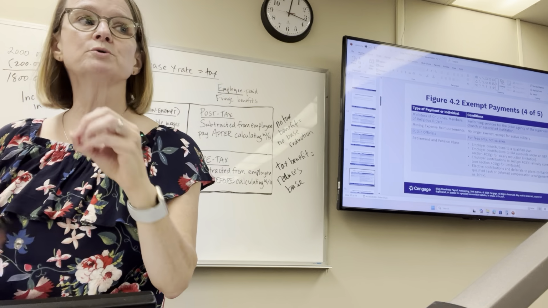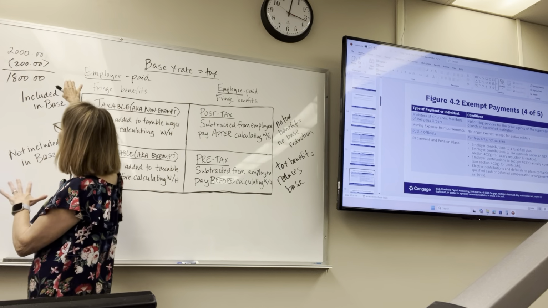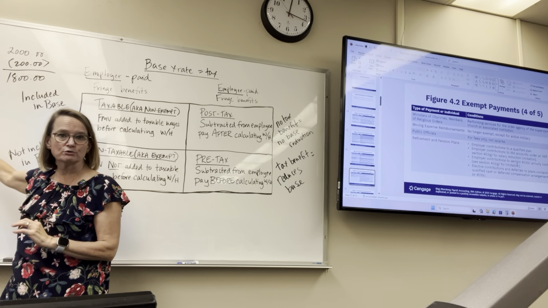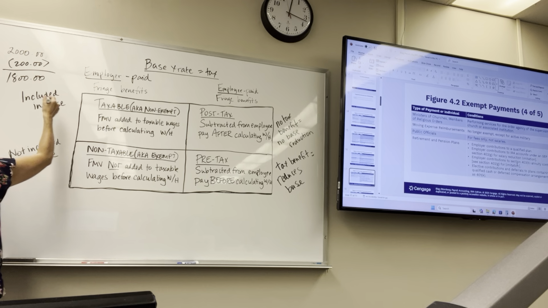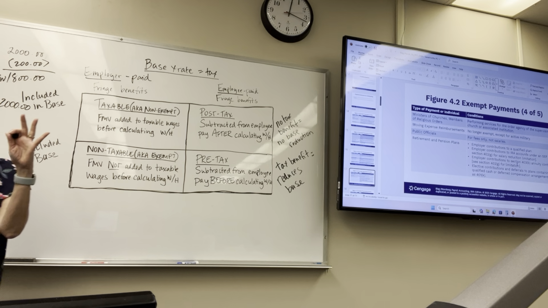So you have to do a separate calculation to determine how much your base is for federal income taxes versus how much it is for Social Security and Medicare tax purposes. In this case, here's our base for federal income tax withholding, FITW, but our base for FICA is still the $2,000. So you get two different bases.